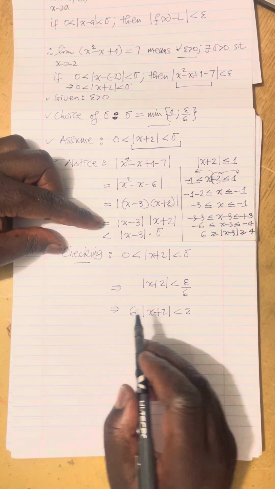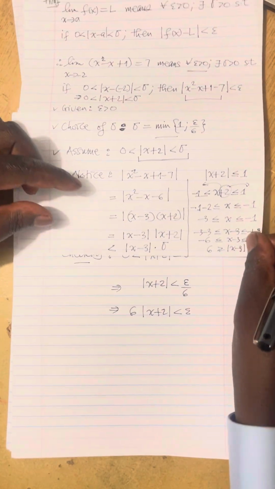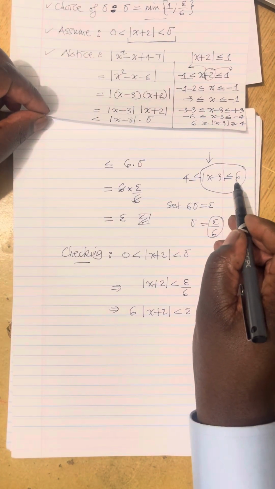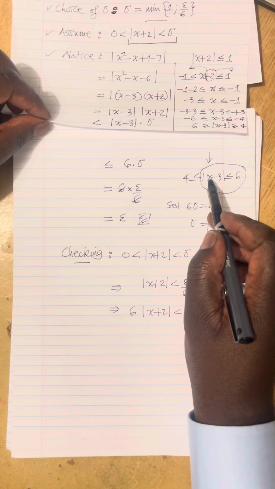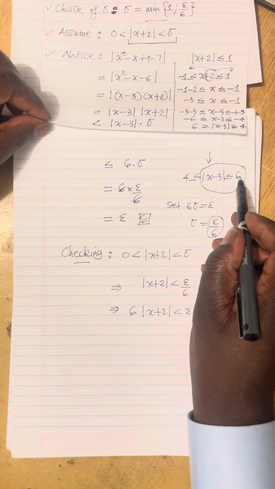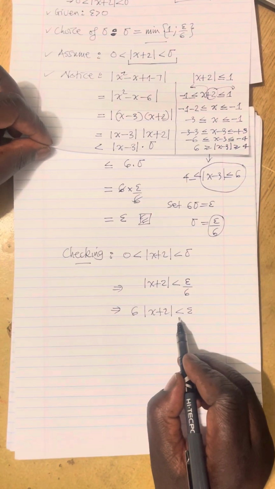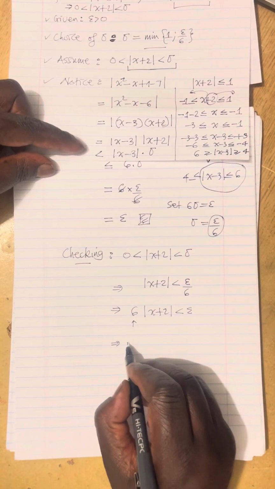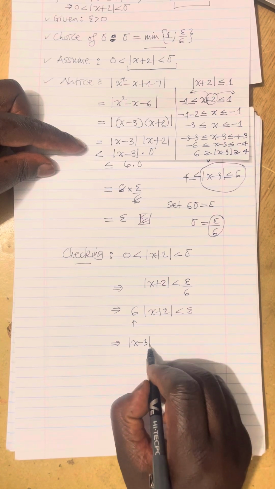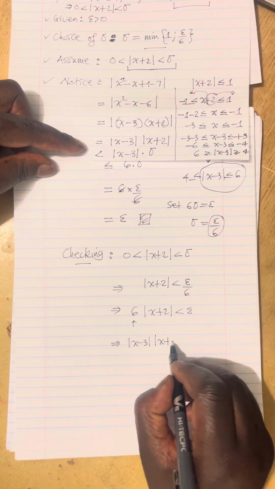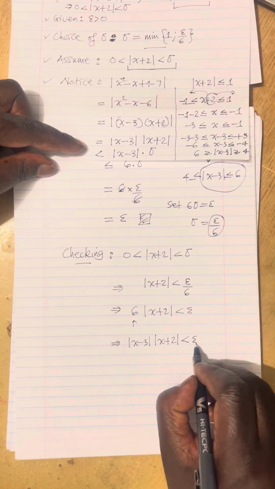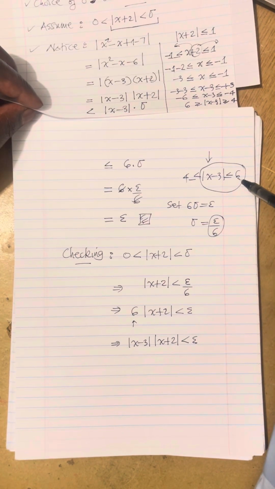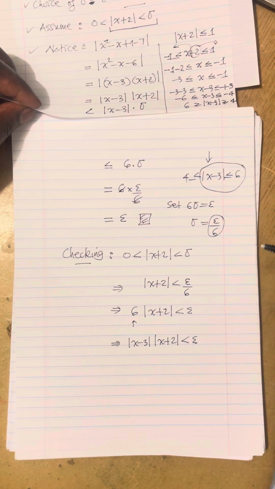But if you check in this expression here, 6 is actually greater than this part here. So if I take this and place it in the place of 6, that inequality sign should hold. So the 6 now changes to the absolute value of x minus 3 times the absolute value of x plus 2. This sign should hold because 6 is greater than the absolute value of x minus 3.